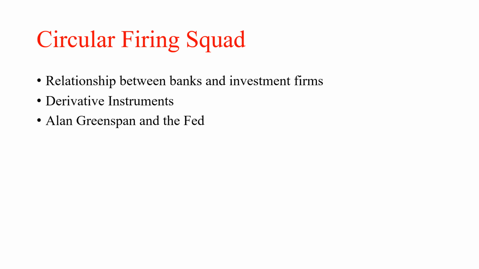Bank: Wells Fargo. Investment firm: Salomon Smith Barney, Bear Stearns, Morgan Stanley. So the banks create these mortgages, package them together, and sell them off as financial instruments to these investment firms. Then the banks lend money to the very same investment firms which have purchased the mortgage-backed securities.